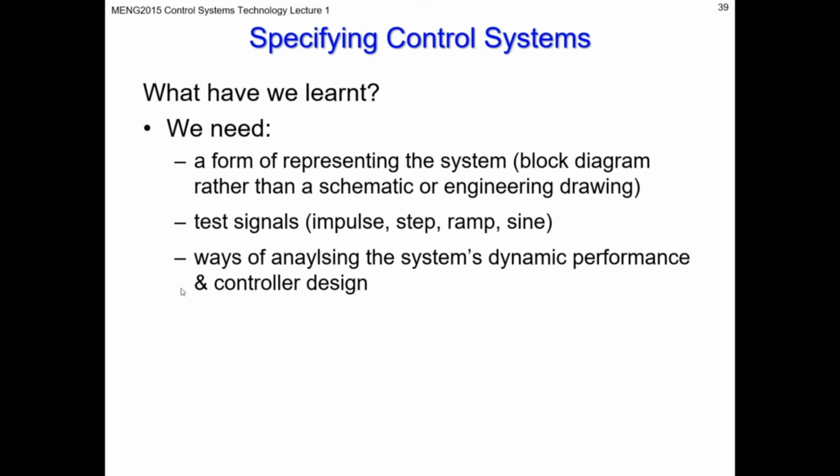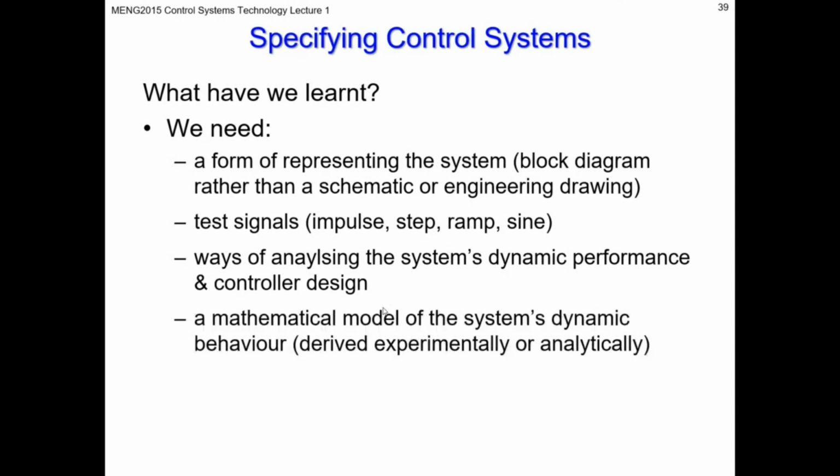And what else do we need? We need ways, like I said, of analyzing the system's dynamic performance and how good or bad our controller design is. Is the controller allowing us to get the system to behave how we want it to behave? We also need a mathematical model of the system's dynamic behavior. There are 2 fundamental ways you can derive a mathematical model. You could go from first principles and build it up with its differential equations, or you can get a mathematical model empirically.